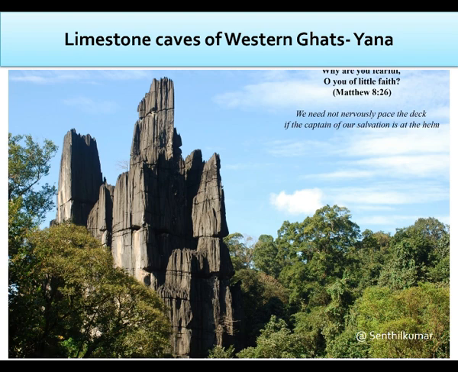Carbonic acid rich water eroded the limestone mountainous range and formed the caves. These particular caves are found in Yana, in the central Western Ghats of Karnataka, where you will find the limestone caves.